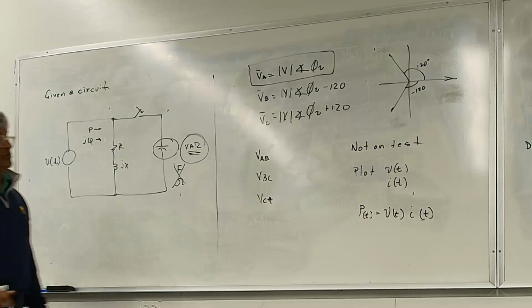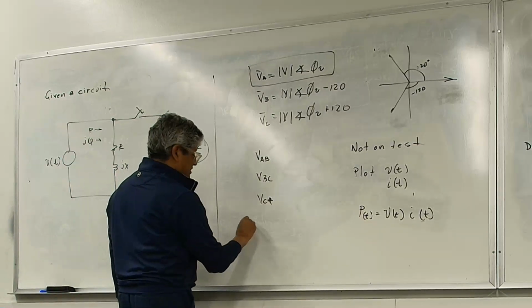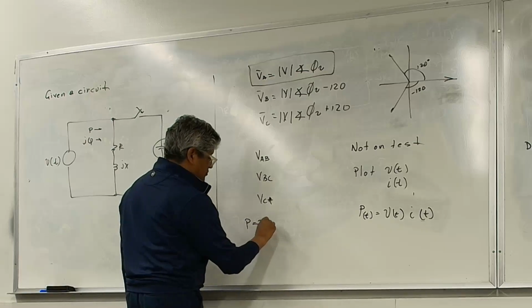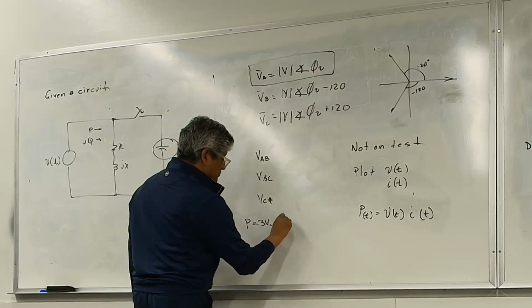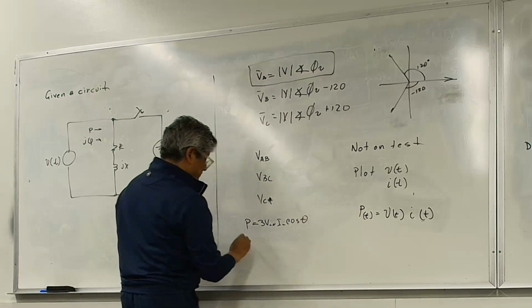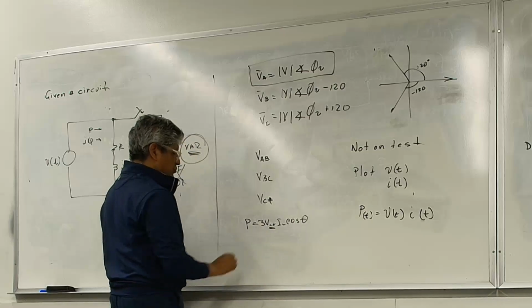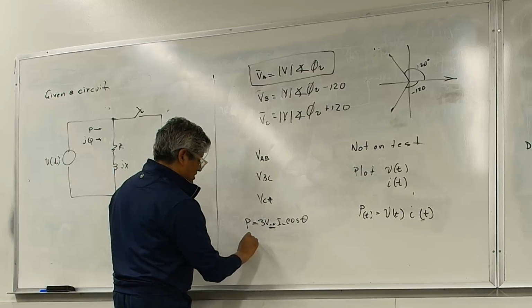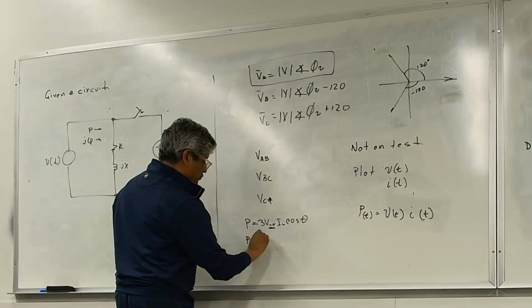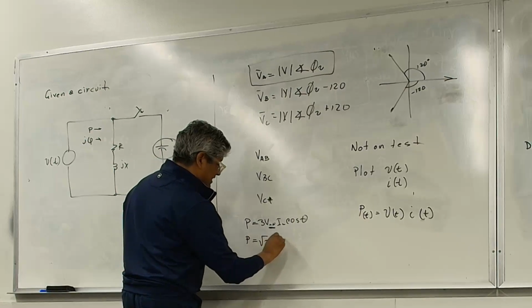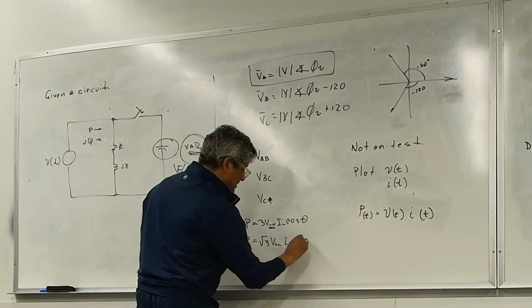Obviously, you should be able to know the equations. P is equal to 3 times V line to neutral, I line, cosine theta. If you're given line to line voltages, this is square root of 3 times V line to line, I line, cosine theta.